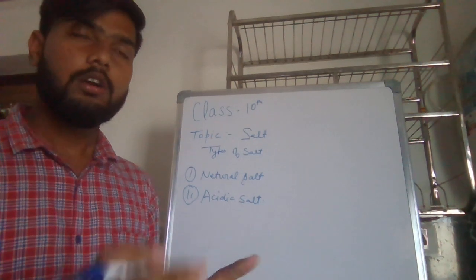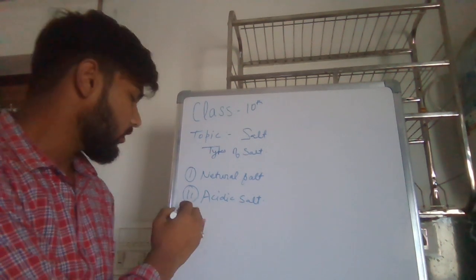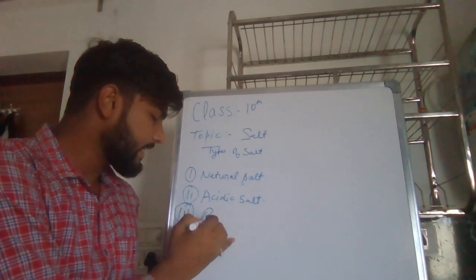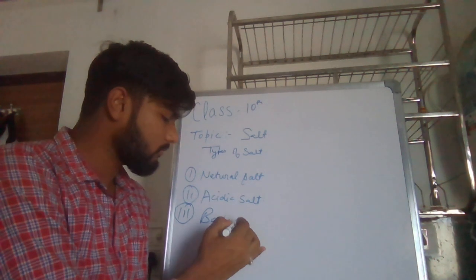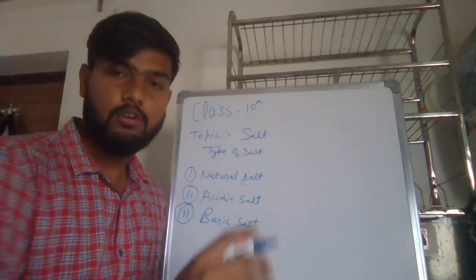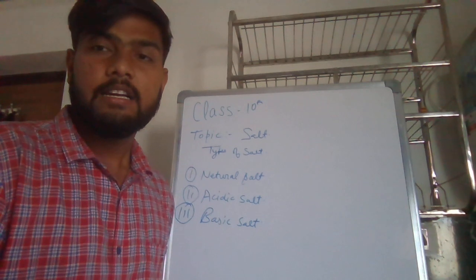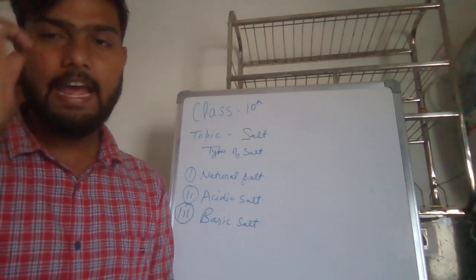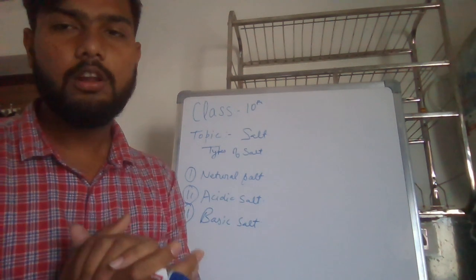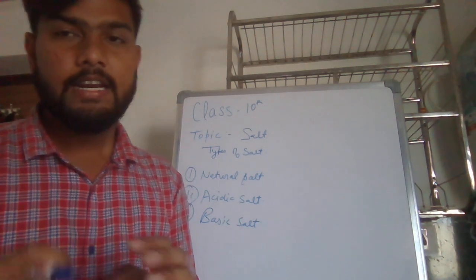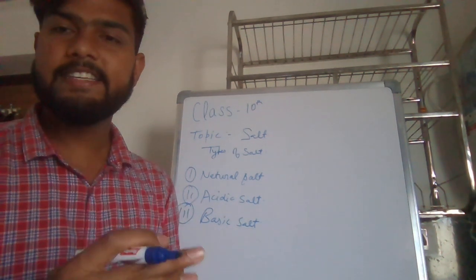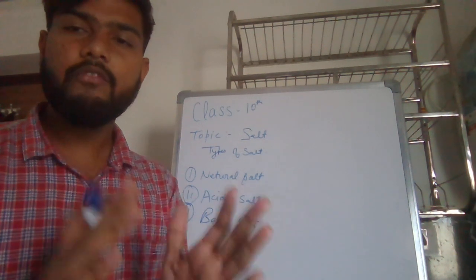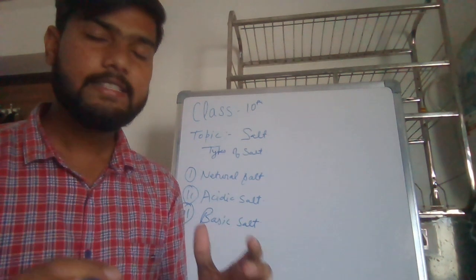Let's discuss the third one, that is basic salt. Basic salts are formed after the reaction between a weak acid and a strong base. For example, sodium carbonate, sodium acetate. The pH value of a basic salt is more than 7.